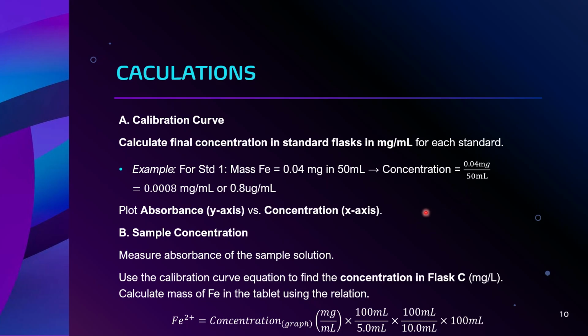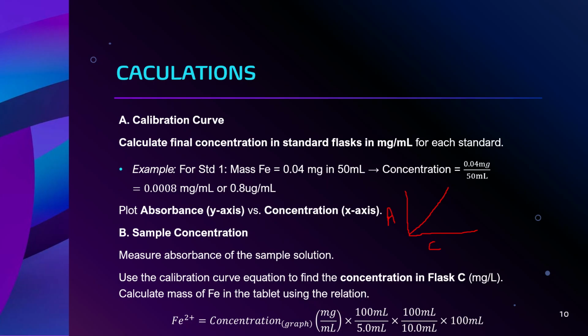Now if you have prepared your graph, which means the calibration curve, then the absorbance of your solution could be plotted on the graph. For example, if I show you the graph here, here is the concentration part and here is the absorbance part, and when you plot your concentration and absorbance, it comes out as a straight line.